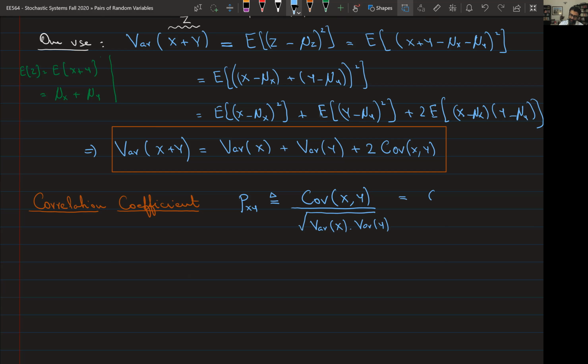So this is covariance of x, y divided by sigma x times sigma y. This is the definition of the correlation coefficient.